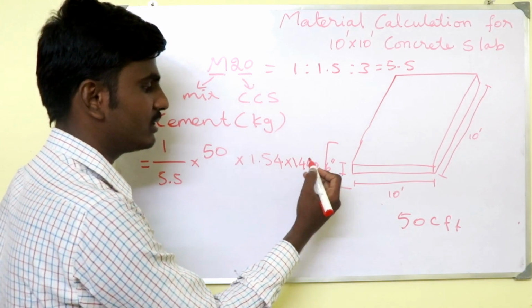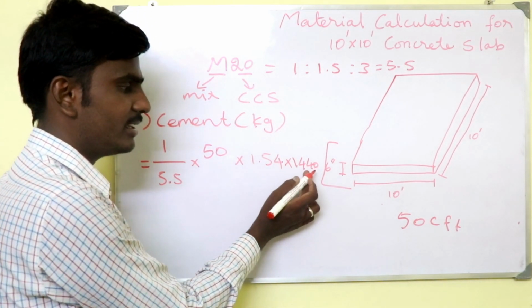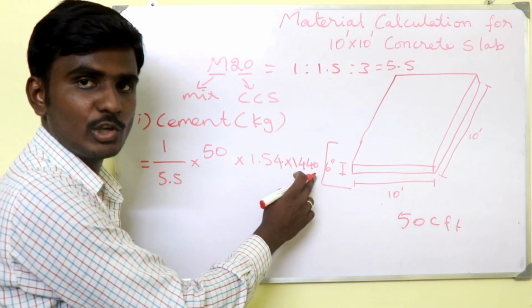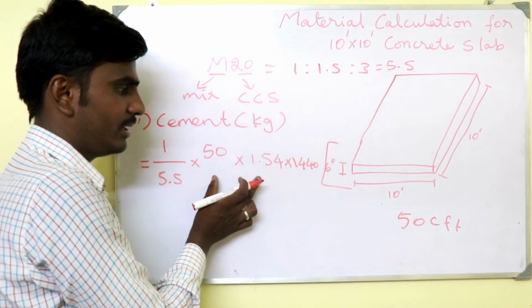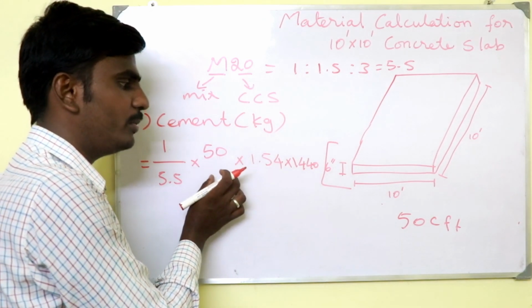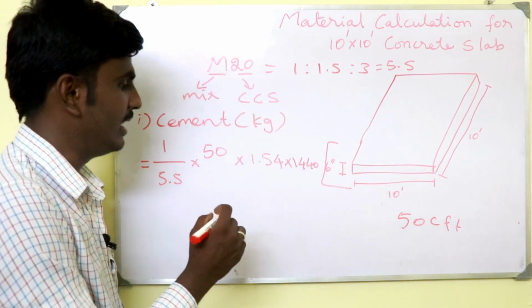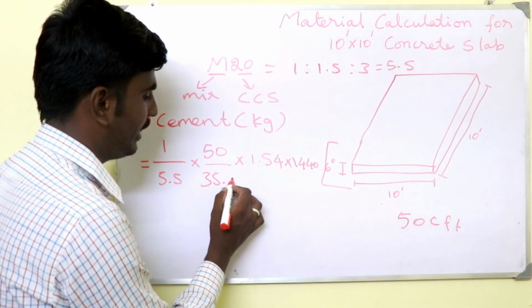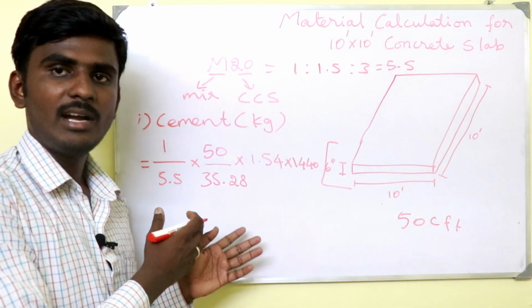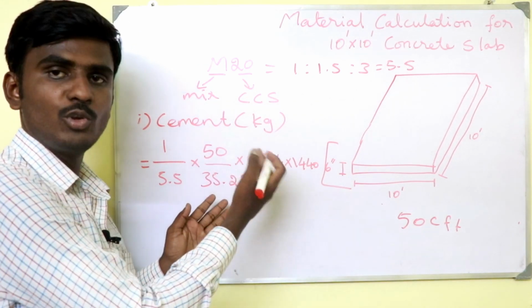It has the unit of kilogram per meter cube, but here we have cubic feet, so we have to convert cubic feet into cubic meter. That is, divide 50 by 35.28, which converts cubic feet into cubic meter.